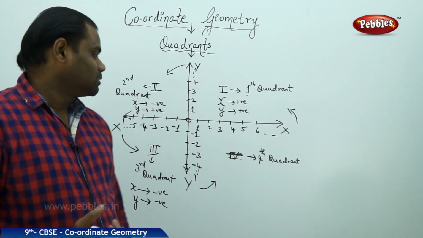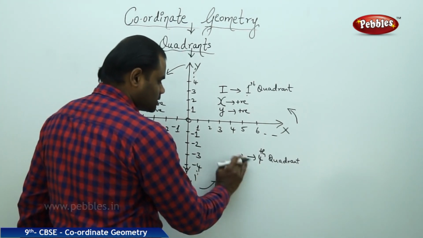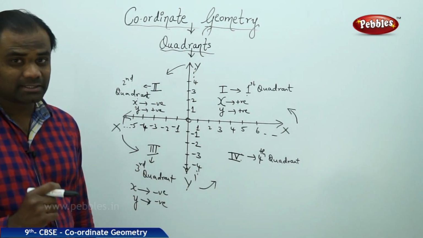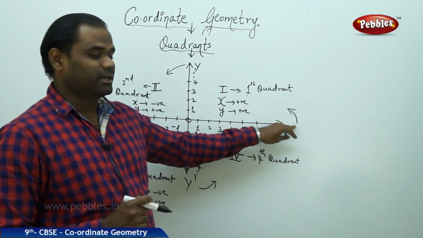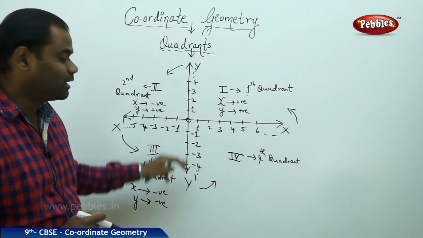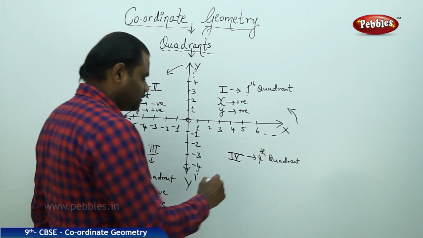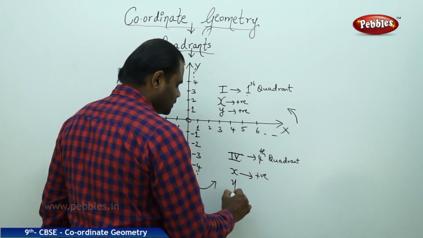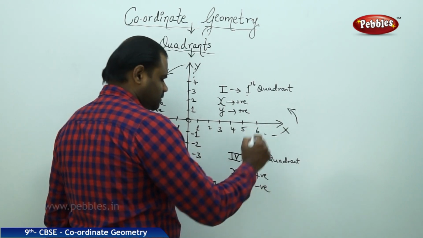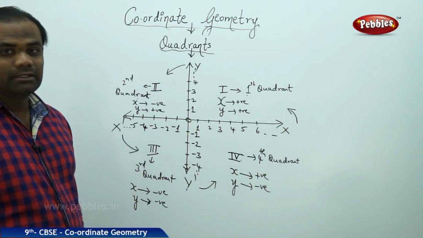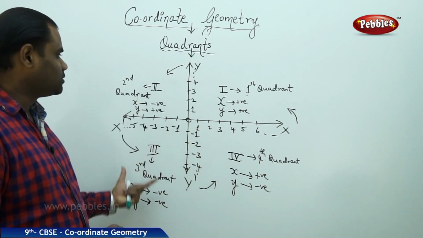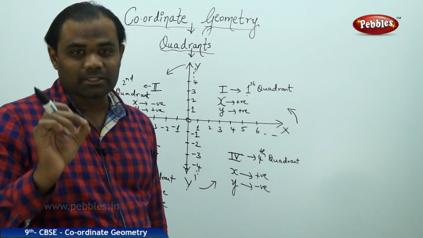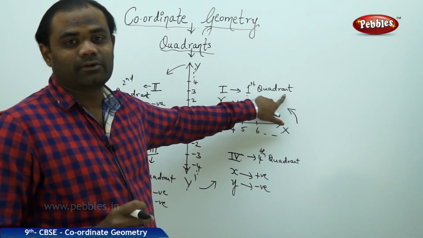And the last quadrant which lies out here is the fourth quadrant, and in this quadrant, clearly when I see through the diagram, my x values are positive and my y values are negative. Therefore, my x is positive and my y is negative. So finally, the region in which x is positive and y is positive is called the first quadrant.